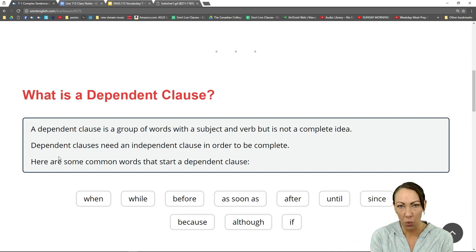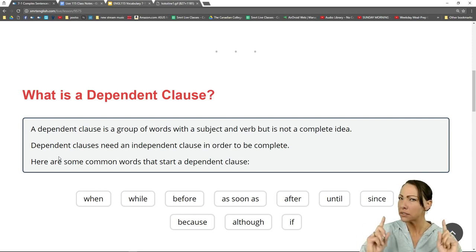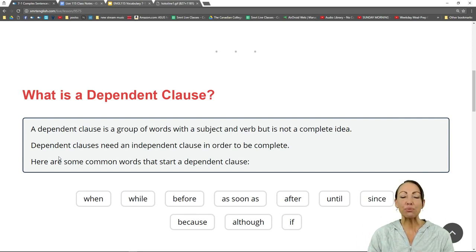And that's exactly what we mean with these sentences and with the dependent clauses. They depend on an independent clause to make a full idea. And if that's not totally clear right now, stay with us. We'll explain more and hopefully it'll become more clear as we continue on with the lesson.